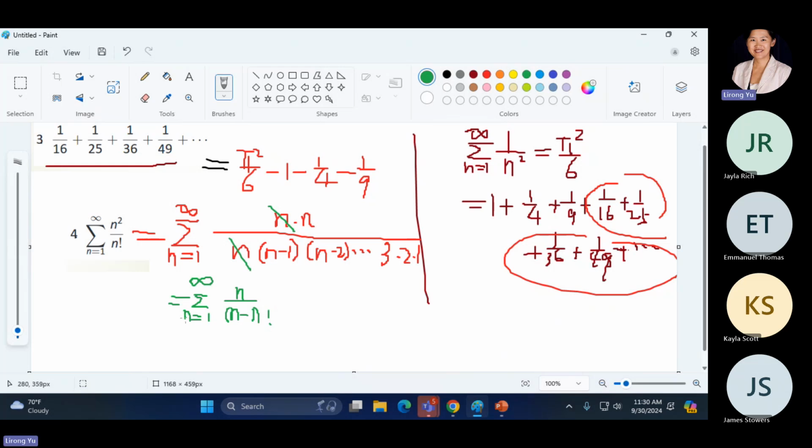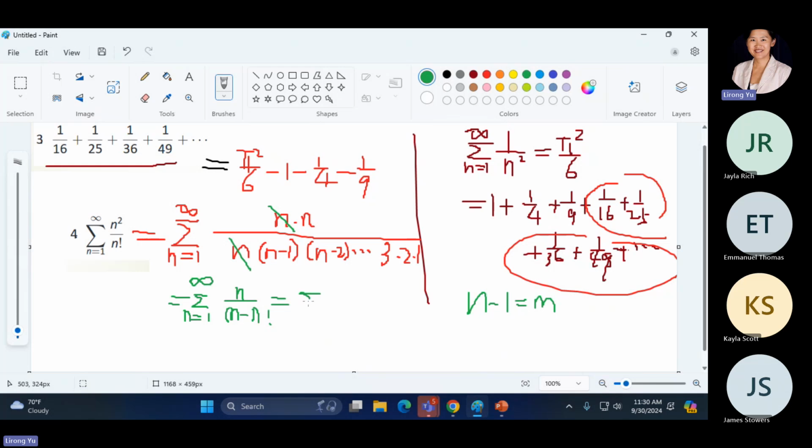And we can change this notation. We can change the notation to something like this. You can make the n minus 1 equal to m.